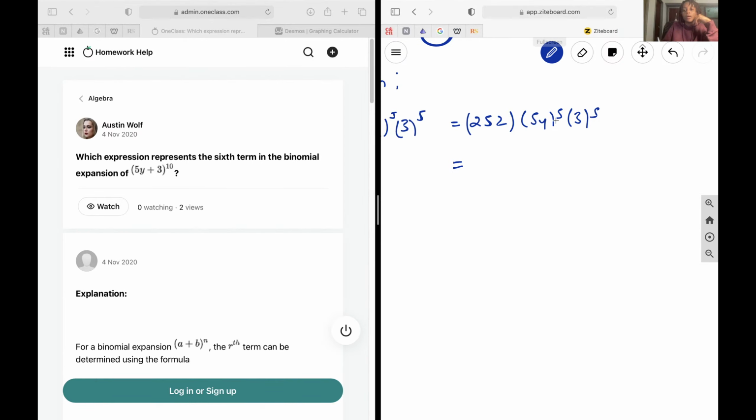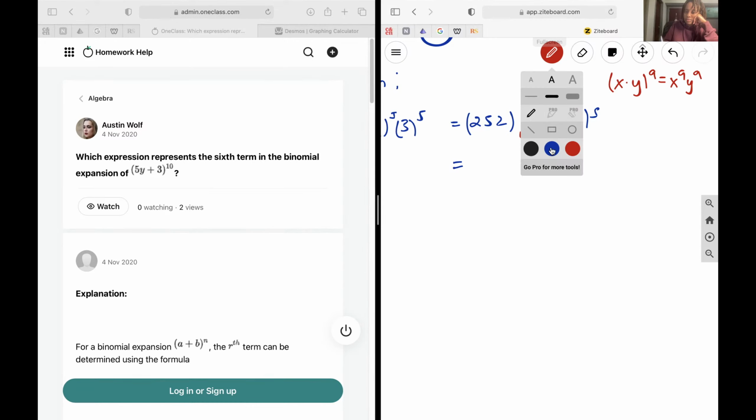So we're going to apply some exponent rules, and that just states that x by y to the power of a is the same thing as x to the power of a by y to the power of a, and we're going to use that here. So we'll get 250.